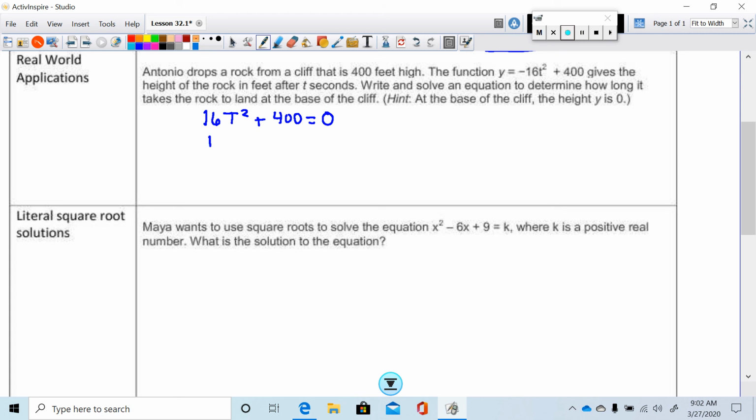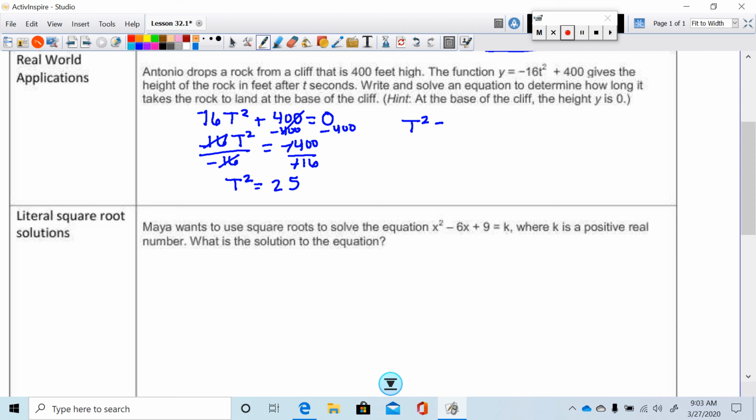So I am going to, it's a negative 16, sorry about that. Negative 16t squared, I'm going to subtract 400 from both sides, equals negative 400. I'm going to divide both sides by negative 16. So t squared equals, negative 400 divided by 16 is 25.